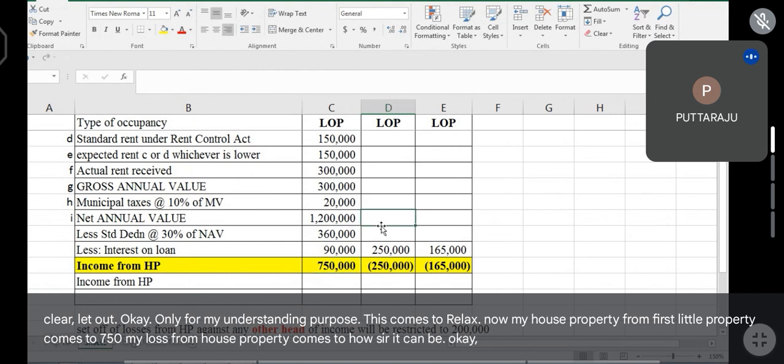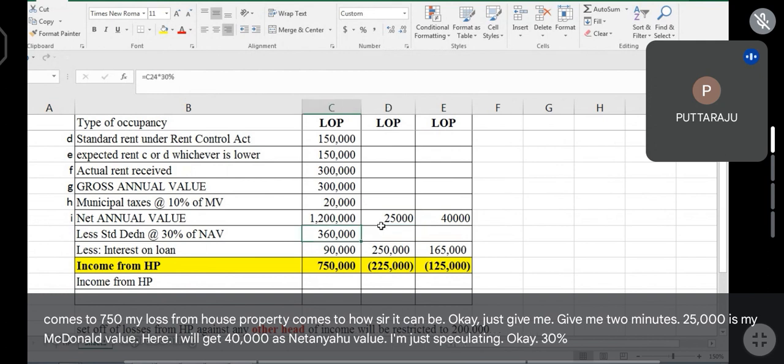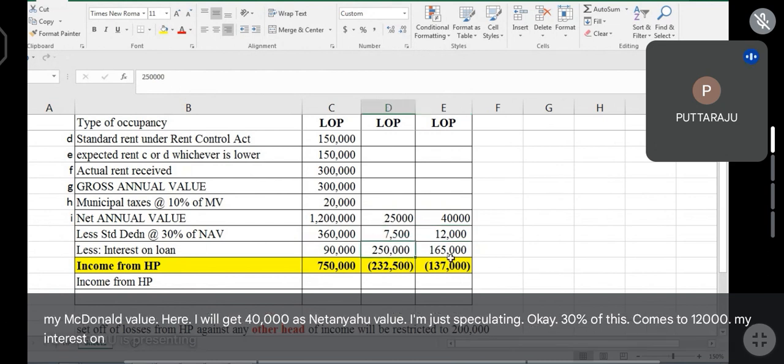Okay, just give me 2 minutes. 25,000 is my net annual value. Here I will get 40,000 as net annual value. I am just speculating. 30% of this comes to 12,000. My interest on loan comes to 2,50,000 and 1,65,000. Then there is a loss, right?